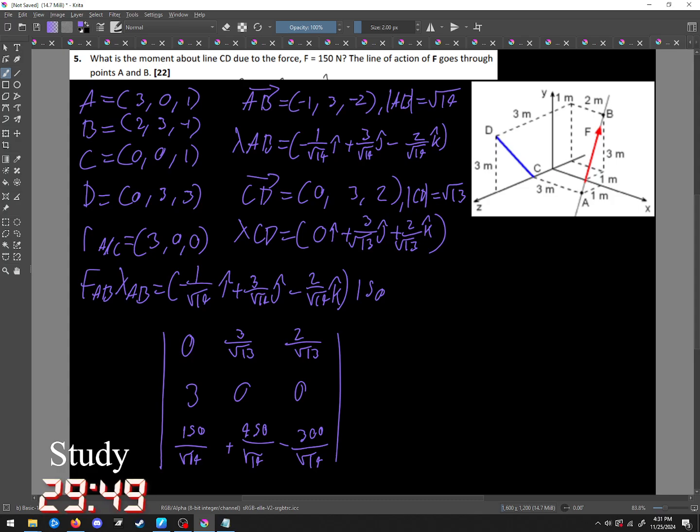Which this is going to be, oh my gosh, a triple product. I'll just write down how this is dictated then. So that would be a negative 3 over square root 13. Okay.